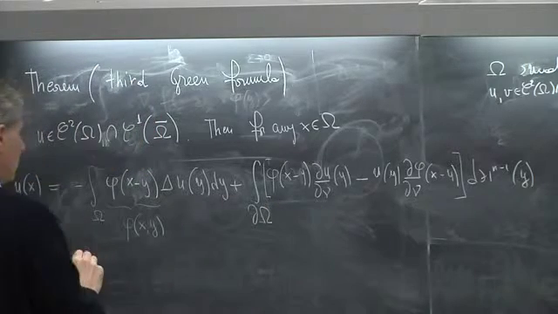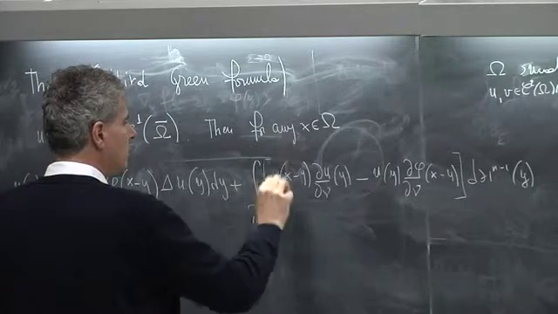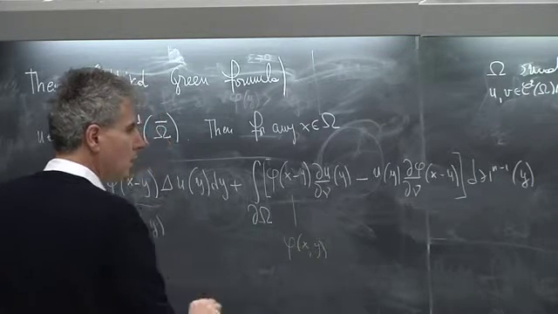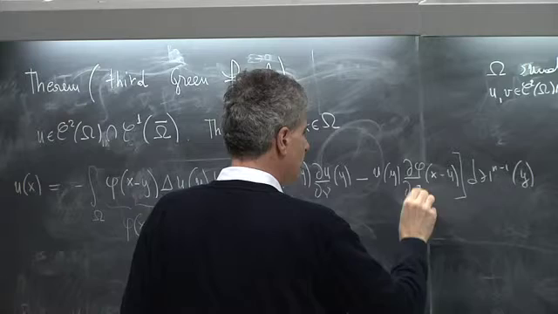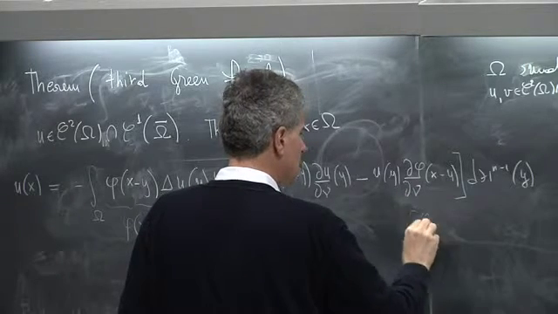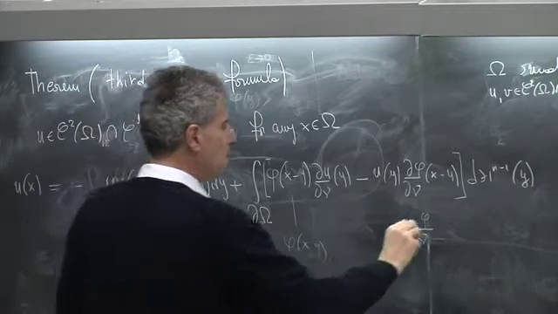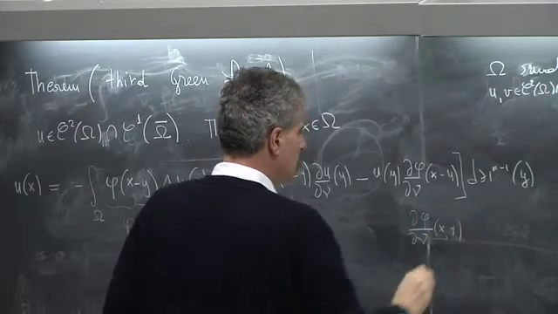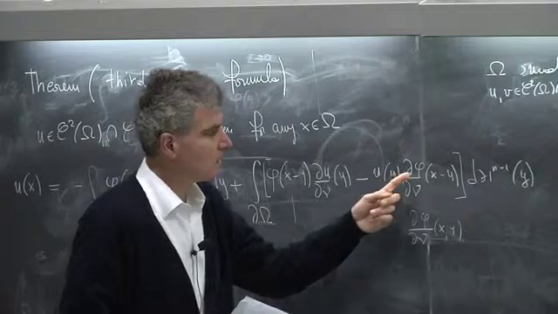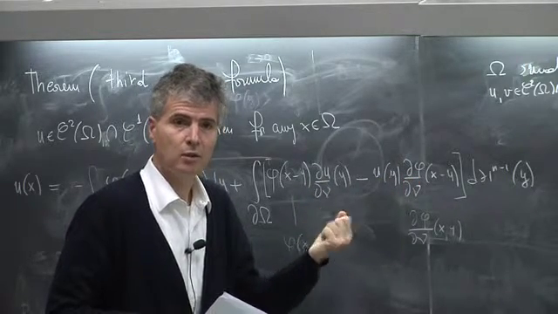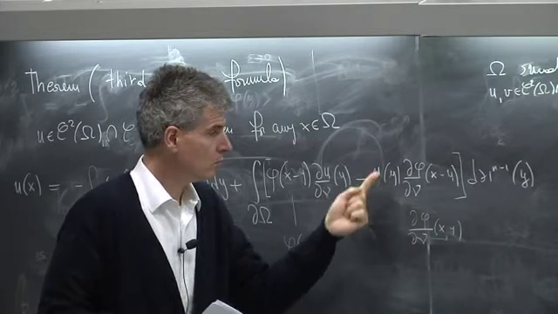So this is also sometimes written as phi of x and y. And here, what does it mean, this? This means taking the gradient of phi with respect to y, scalar product with nu.